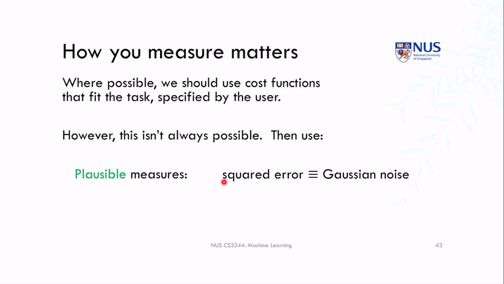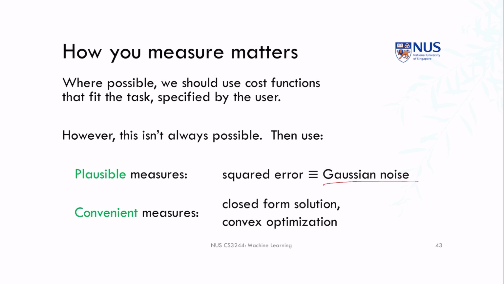the idea that distances from the actual value that are far away are considered worse, so we want to penalize those more. We're going to see later on in tutorial this equals some type of Gaussian noise. Or we can also use convenient measures, things that are mathematically simple to calculate. These can help us make our learner converge better.